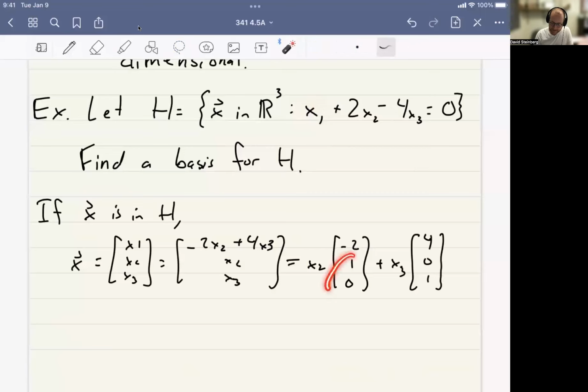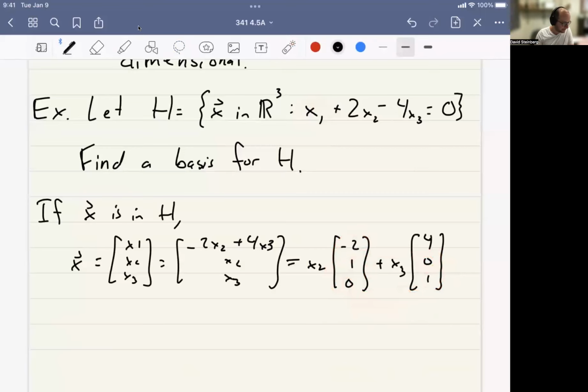Okay, and since we've got a 0 in the third spot for the first vector and a 0 in the second spot for the second vector, these two vectors are going to be linearly independent. Right? There's no way one is a multiple of the other, and we know for two vectors, that's the test for linear dependence.